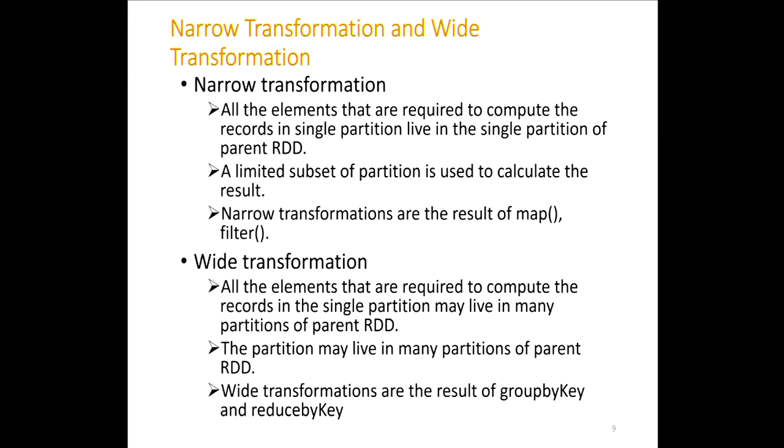From partition number 1, car is mentioned 5 times. In partition number 2, car is mentioned 2 times, so that you can aggregate them. Hence, you are dependent on other partitions, not only the partition you're working on in the single node. And hence, it is a wide transformation.